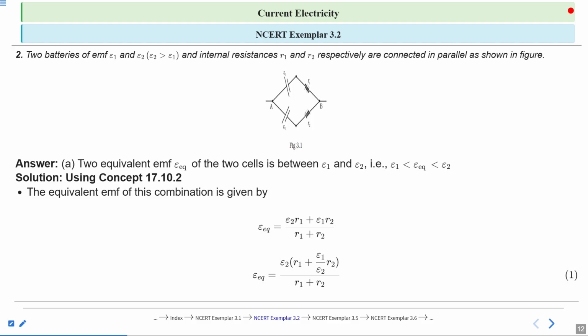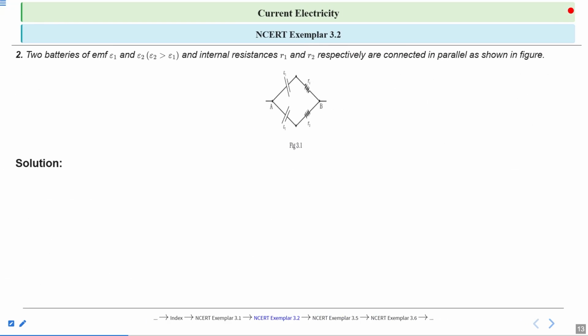Epsilon 2 was with R1, so when we take it common, it is removed from R1. Epsilon 1 was with R2, but since we took epsilon 2 common, epsilon 1 gets divided by epsilon 2 in that portion of the numerator. You know how this result came. Epsilon equivalent is equal to epsilon 2 times the bracket R1 plus epsilon 1 upon epsilon 2 R2, as we took epsilon 2 common from both the expressions.